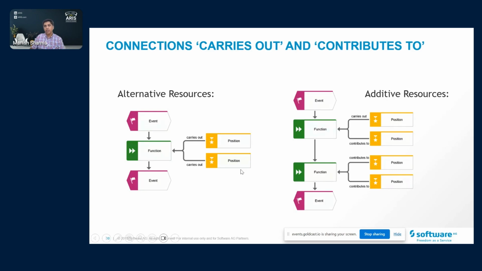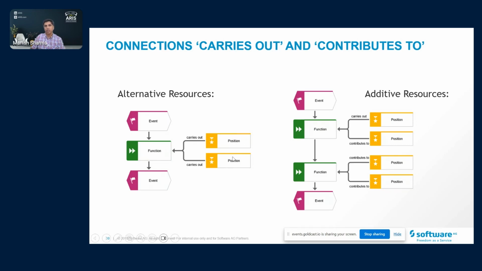And I said earlier, you have two options in which you can fill out, carries out and contributes to. So you have an alternative resource where there are two people who can carry out this activity, and you can assign both of them to it with some priority, that this is priority 1 and this is priority 2. So there's an alternative resource strategy where either of them, depending on their availability, can take up this particular task, but priority is given to the first position.